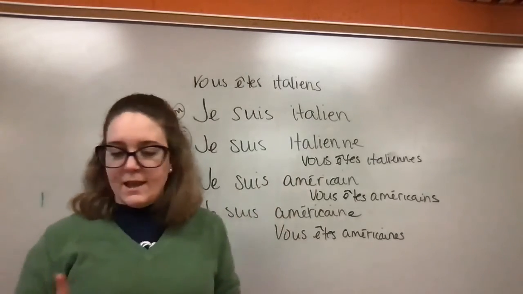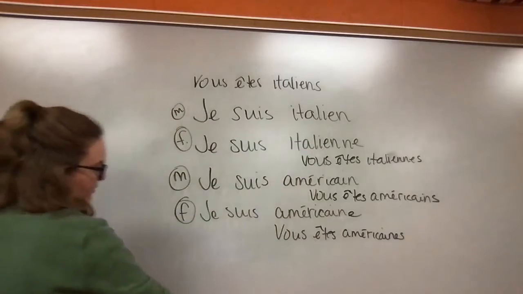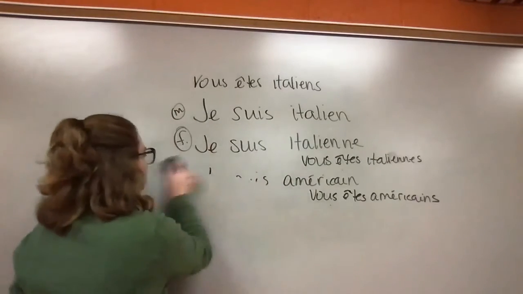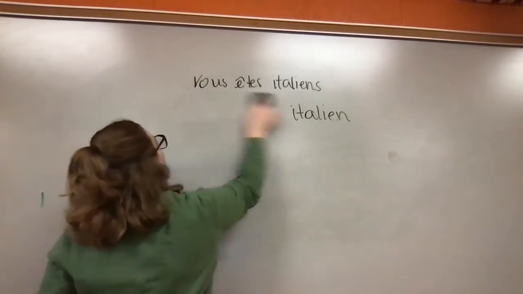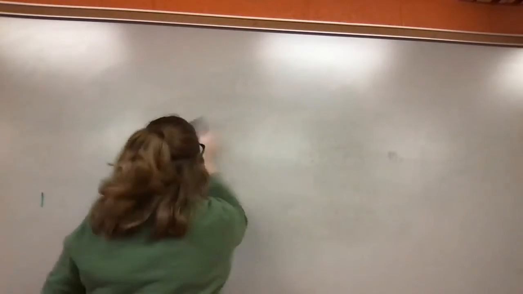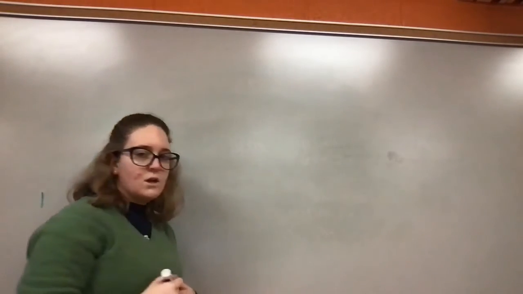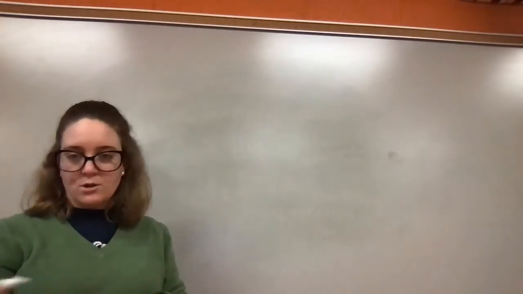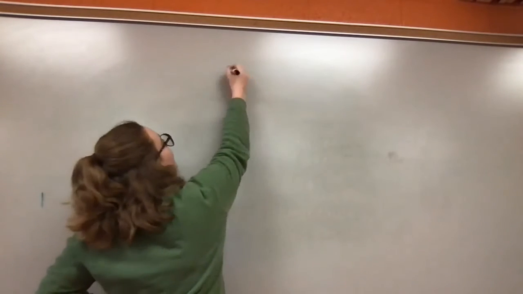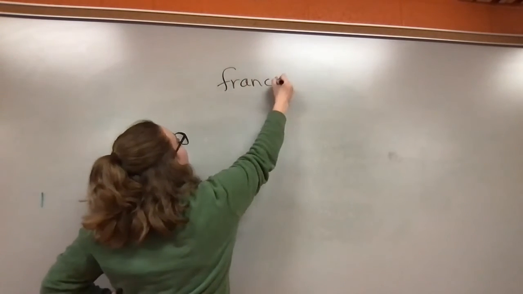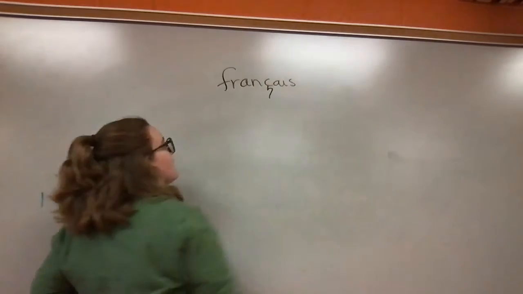All right, and with nationalities, there's one more thing that I want to talk about real quick. When we want to talk about somebody who is French, in your book, they tell you that the adjective, the masculine form is français, like that.